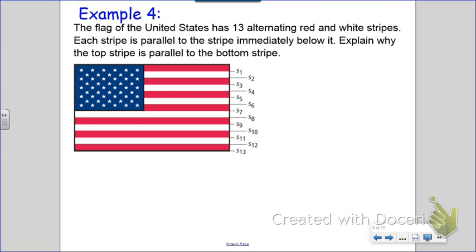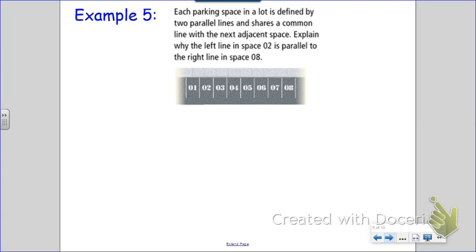And then finally our last example, a similar idea. Each parking space in a lot is defined by two parallel lines, and shares a common line with the next adjacent space. Why is the left line in space 2 parallel to the right line in space 8? The left side is parallel to the right side, which is then parallel to the next one.